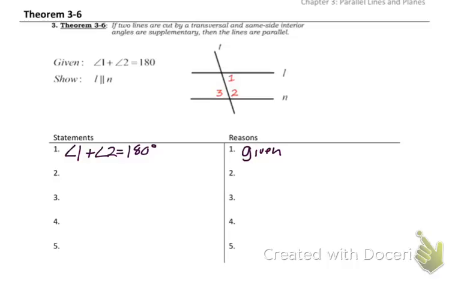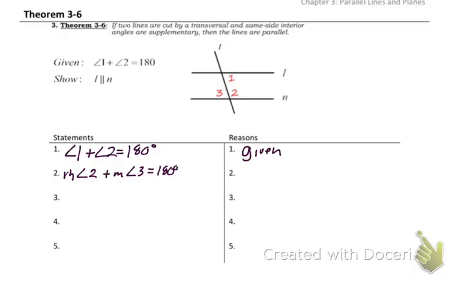All right. What do we know about 2 and 3? Yeah, they're supplementary, so they equal 180. I'm trying to remember if I actually wrote they're supplementary or I just went right to the 180. I went right to the 180. So we can say measure of angle 2 plus measure of angle 3 equals 180 degrees.